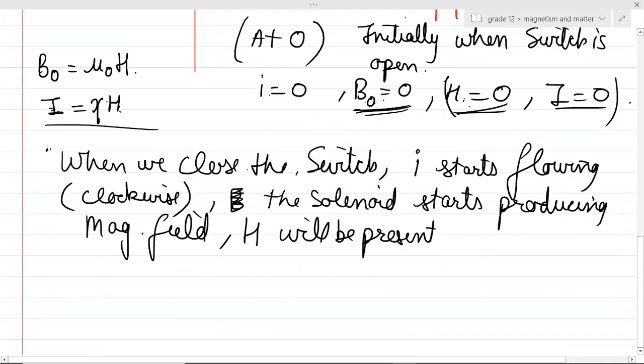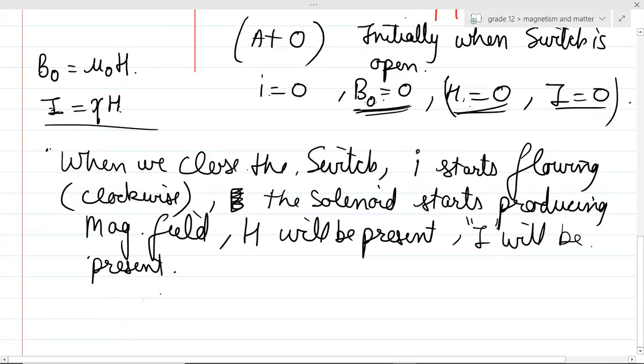I and H is an increasing function, but they are not increasing linearly. When H is present, I will be present. Please remember, this I is not current, this I is the intensity of magnetization, don't get confused.